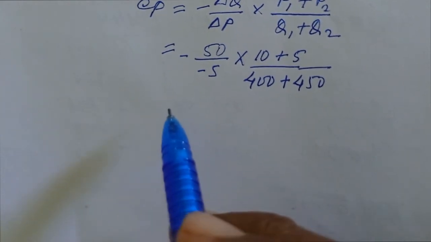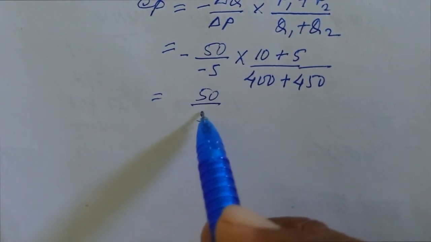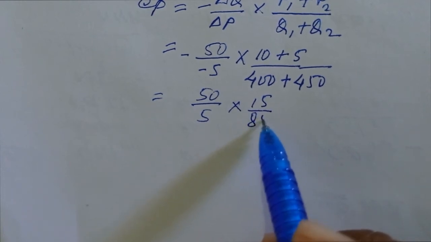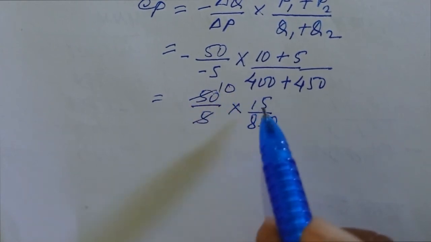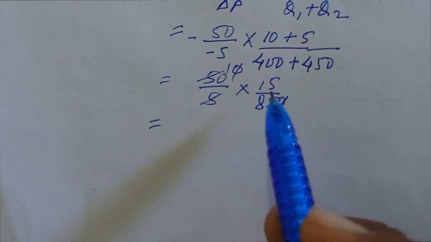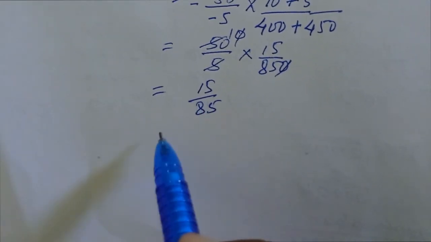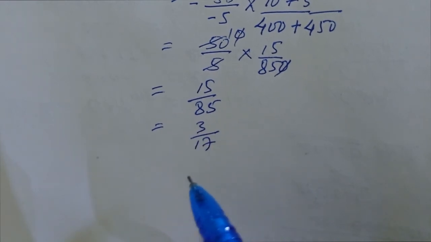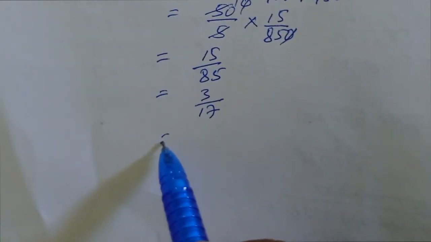And then 50 by 5 into 15 by 850, and then this is 10 and this also goes, and here 15 by 85 and again 3 by 17, and you should divide 3 by 17 to find out the arc elasticity.